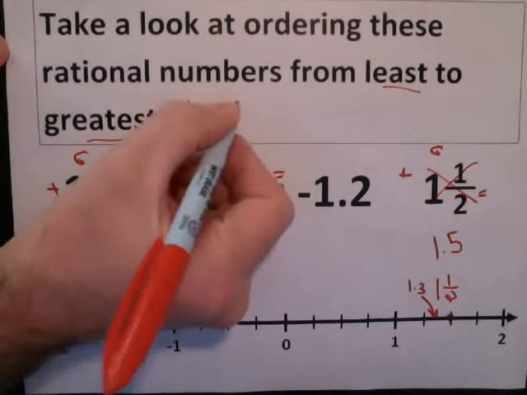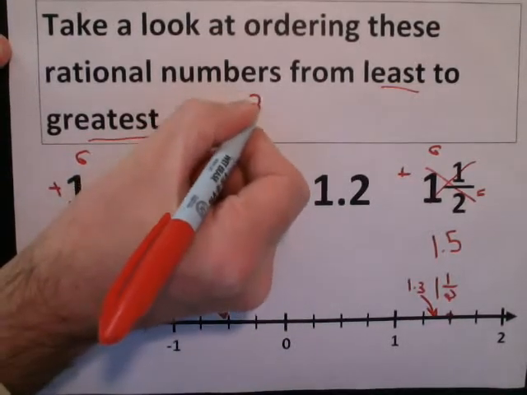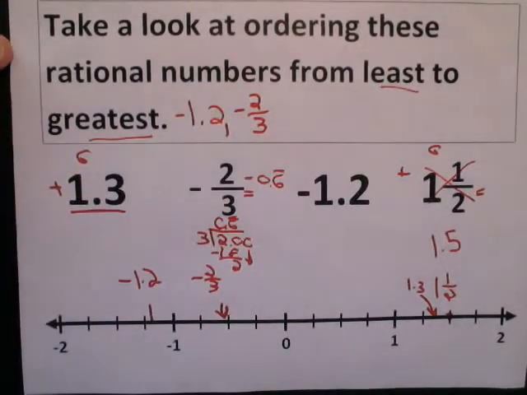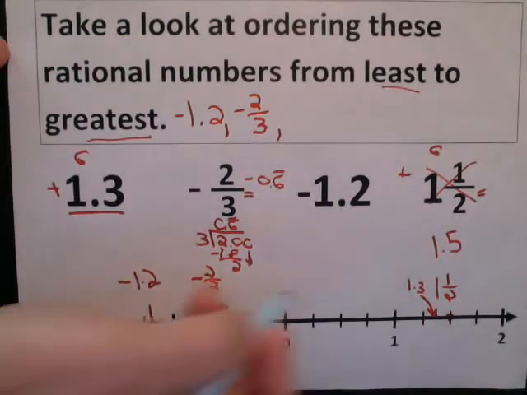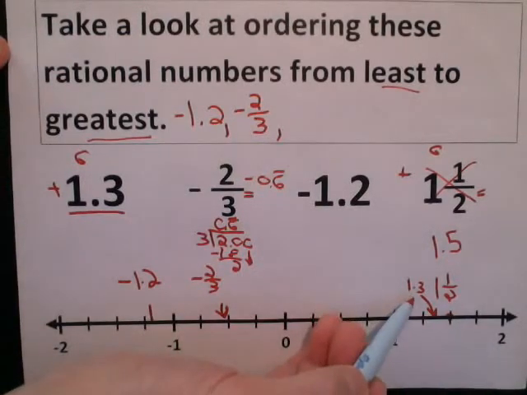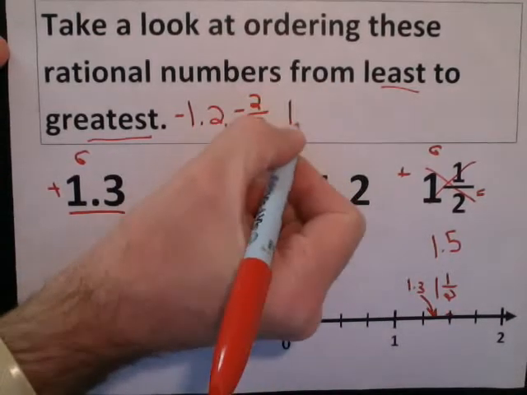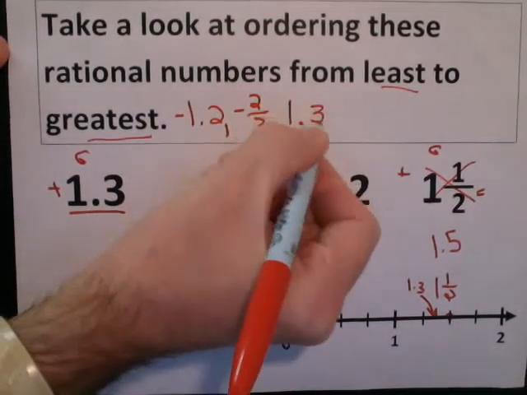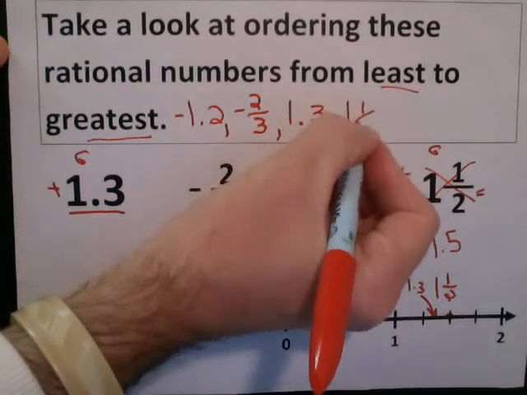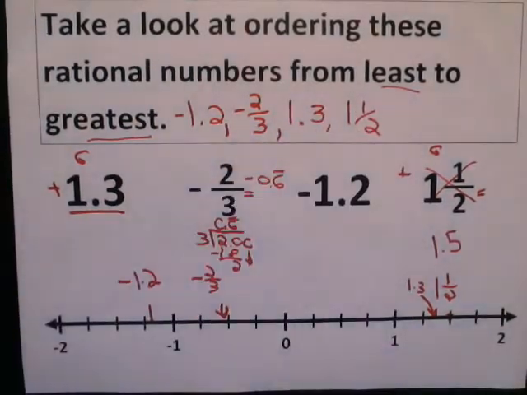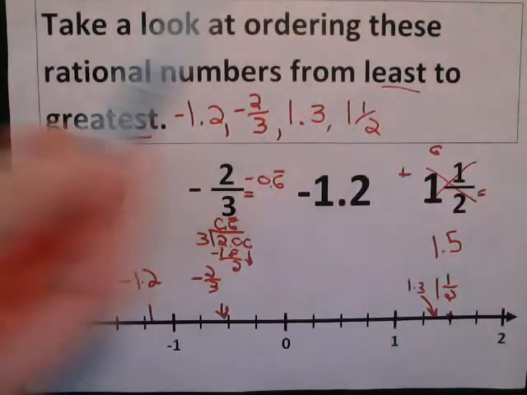So now we know that we would then have negative 2/3, and then we would go into our positive numbers, and we would have our next as a positive 1 3/10, and our greatest number would be a positive 1.5. And that's how we would order them from least to greatest.